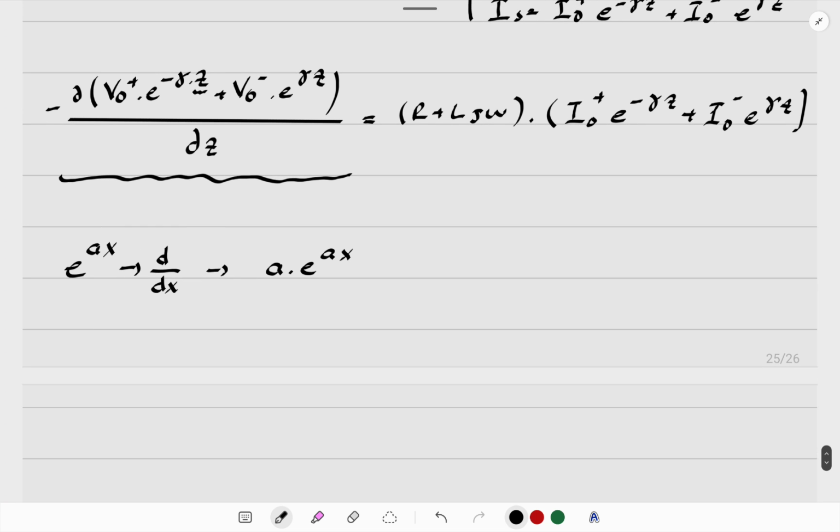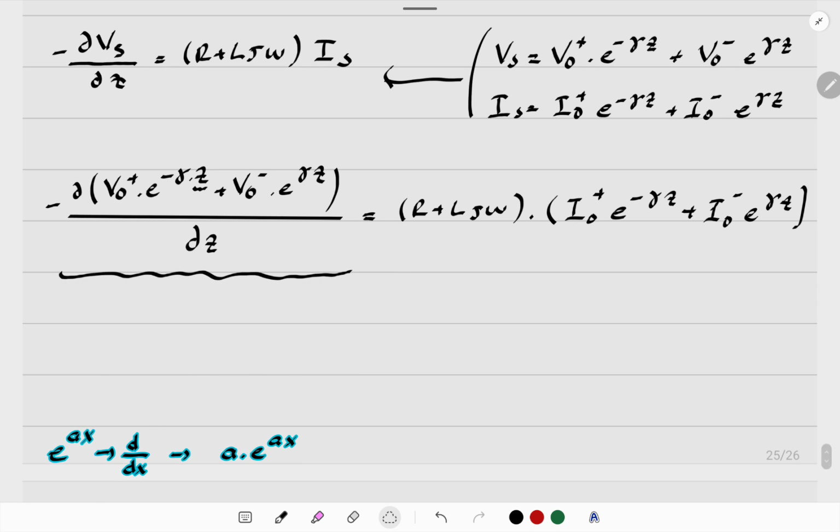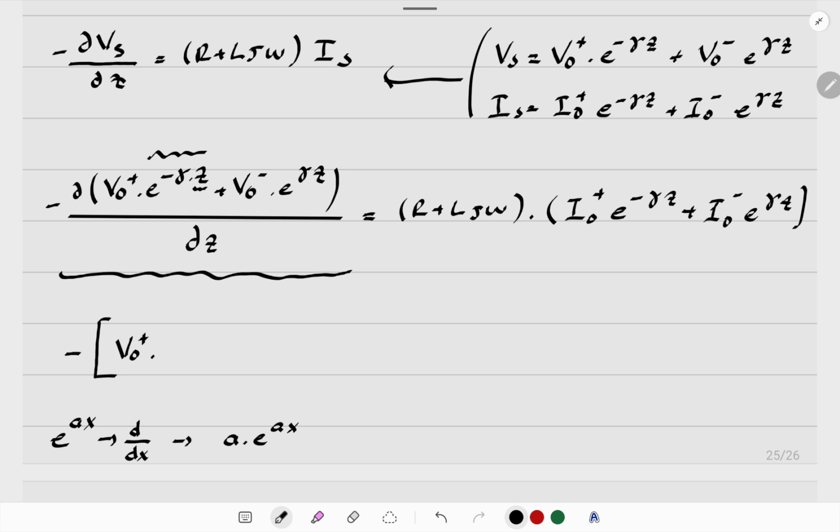So if we investigate this, let's put this information somewhere here. Okay, let's not forget it. We have a big minus sign over here, and V0 plus. If we take the derivative of this one, we see it like this. See?